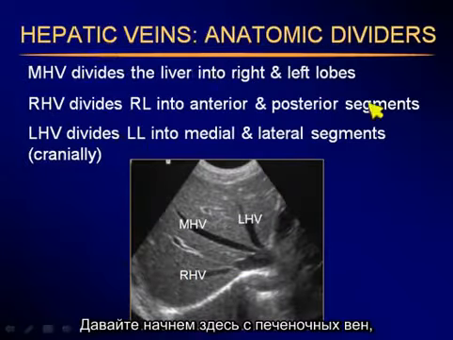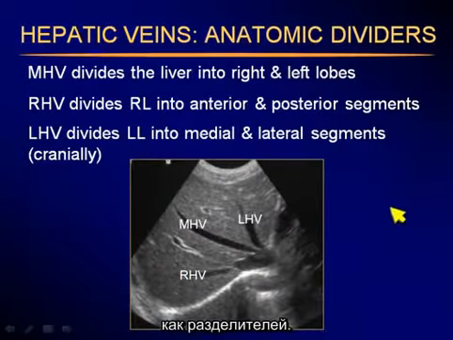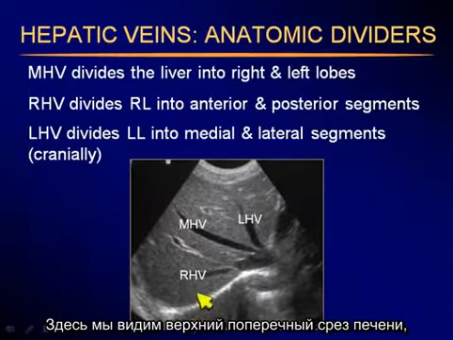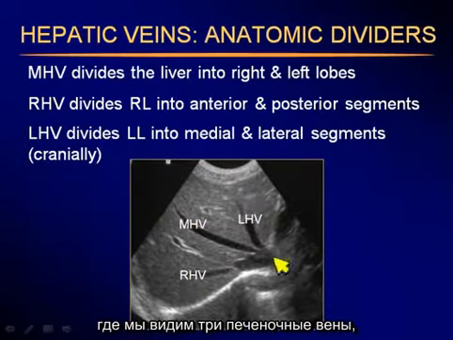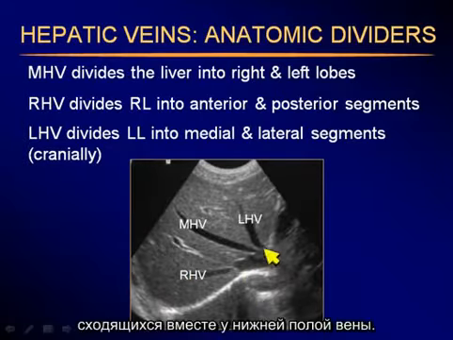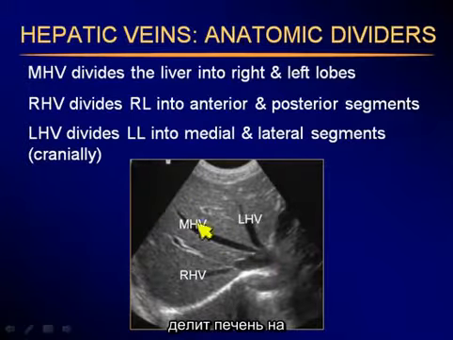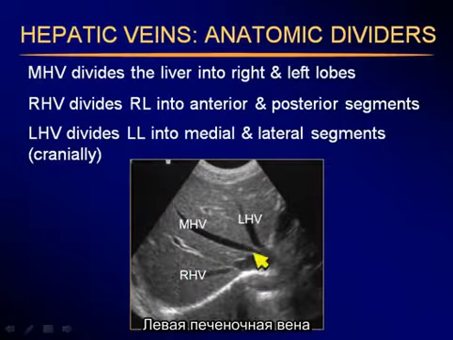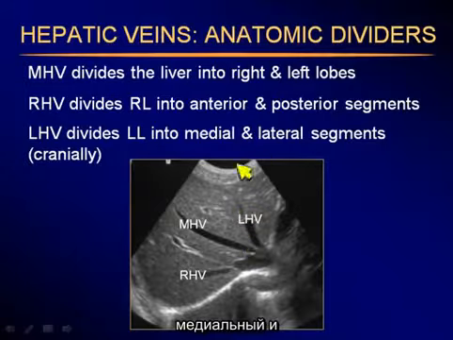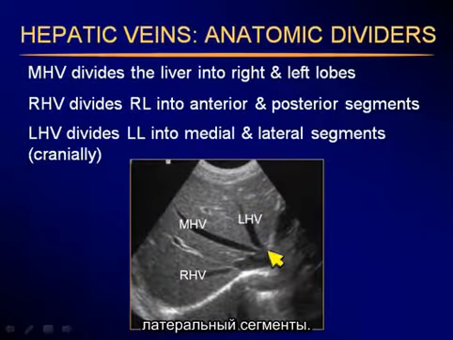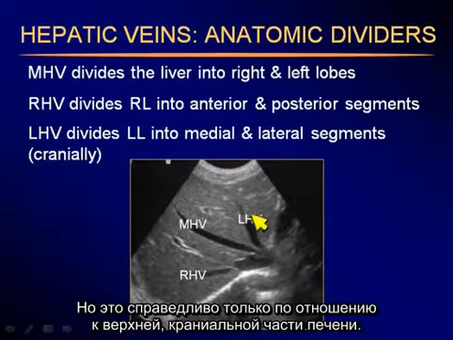So here we'll start with the hepatic veins as dividers. Here's a transverse section high in the liver, and we see the three hepatic veins coming together at the inferior vena cava. The middle hepatic vein divides the liver into right lobe and left lobe. The left hepatic vein divides the left lobe into medial and lateral segments. But this only occurs in the high, cranial parts of the liver.